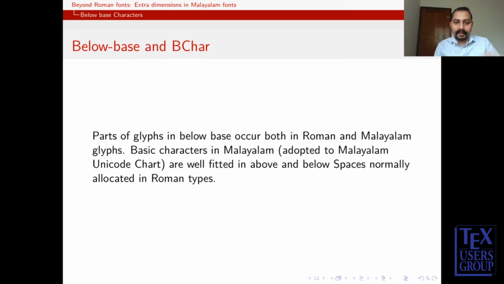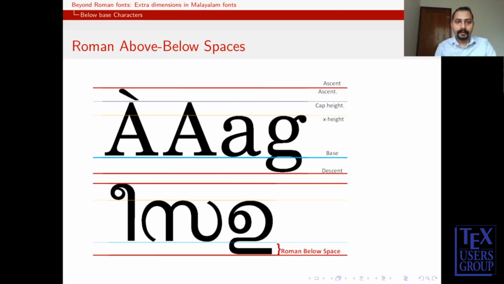So the below base characters have some peculiarities, as the basic characters which are encoded in Malayalam Unicode can all usually be accommodated within the x height and the descent, which is also present in, let's say, the Latin font matrix. For example, if you see the Latin font matrix, the baseline, x height, cap height and the ascent, similar constructs are also used in Malayalam characters.